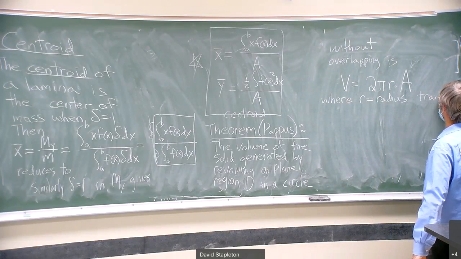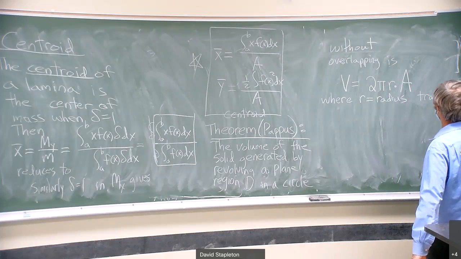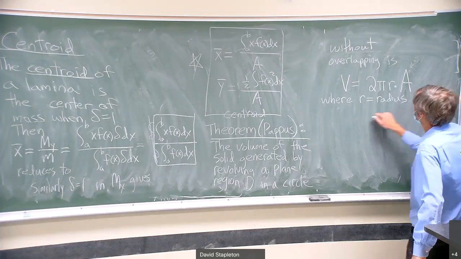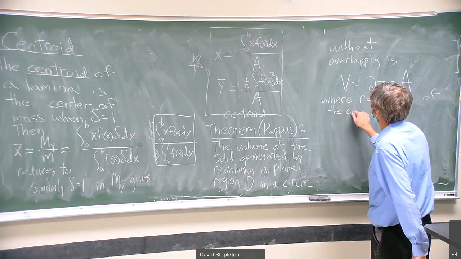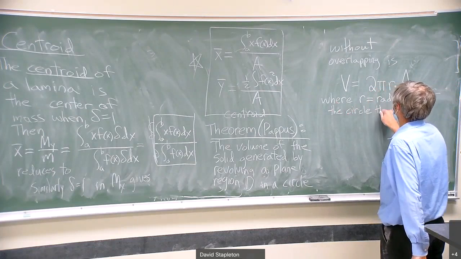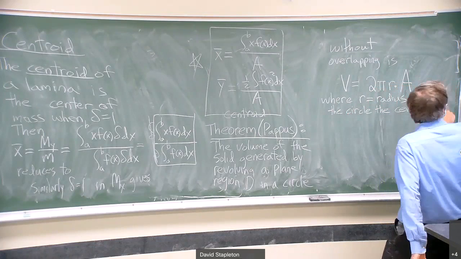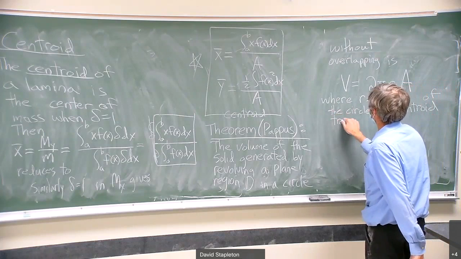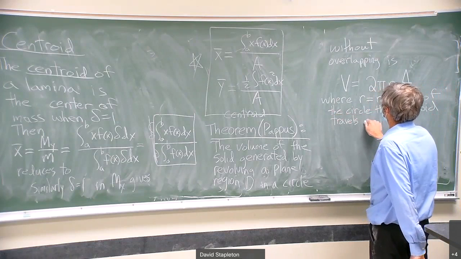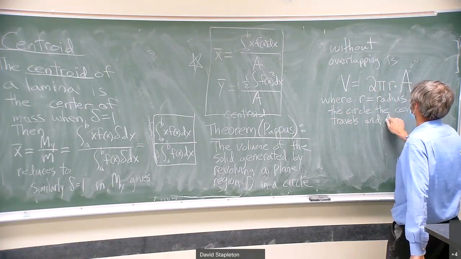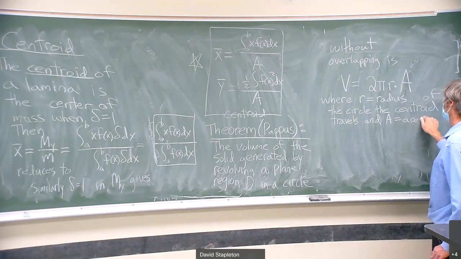So the radius traveled of the circle, the centroid travels, and A is the area of the plane region, area of D.